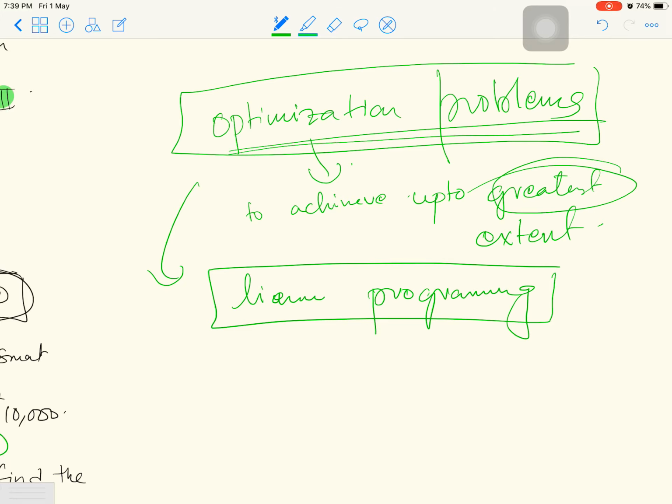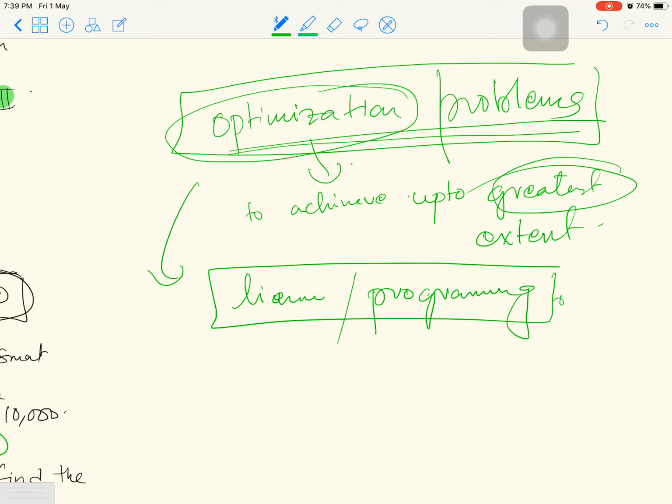So what is linear programming? Let me simply put it this way: linear programming is one of the methods in mathematics to solve optimization problems. For example, to achieve maximum profit in a business, or minimum cost. If you have a business, you would always want maximum profit and minimum cost.